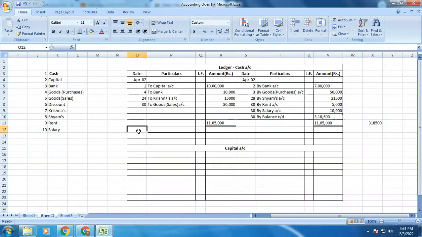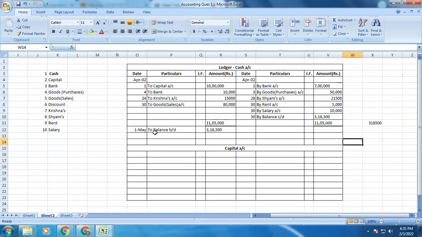Okay? So on the 1st of May, we will write, because it's a debit balance, so we'll use the prefix to and we'll say to balance brought down. Carried down, and this is brought down. And here I will record 3,18,500.